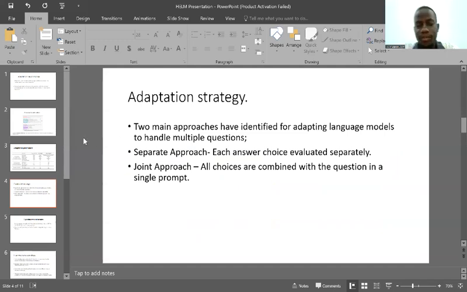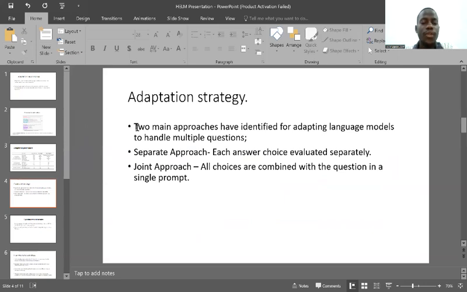So we have the adaptation strategy. The adaptation strategy is like a structure or method that we are going to use to make the model be able to adapt to the tasks that we are going to be giving it, that it is going to be performing.